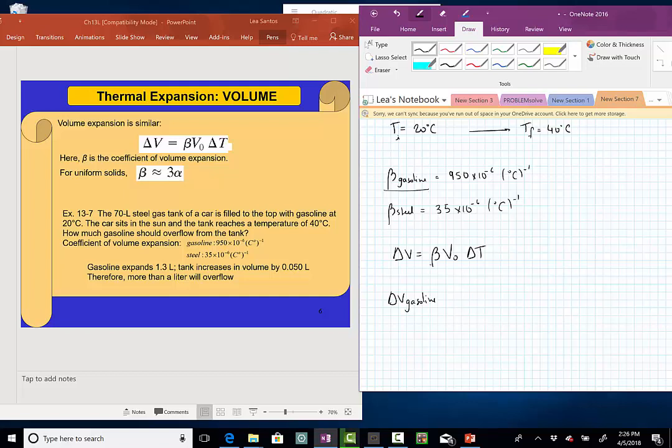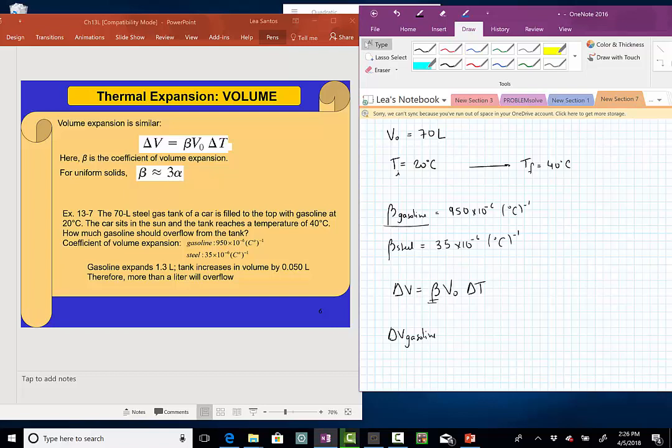Beta for the gasoline, you put it there. The initial volume, for both the tank and the gasoline, is 70 liters, right? And delta T, well, final is 40 minus 20, so this change is 20 Celsius.